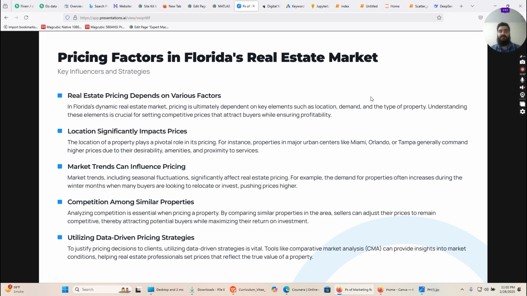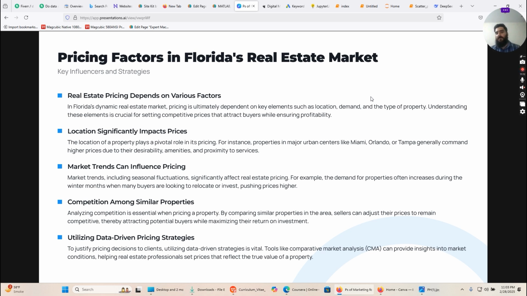Now that being said, another important factor that will affect the price is the market trend. What is the current market trend of that particular area, or the market trend of Florida real estate, whether the trend is increasing or decreasing? Market trends, including seasonal fluctuations, significantly affect real estate pricing.